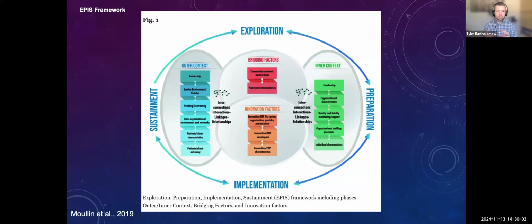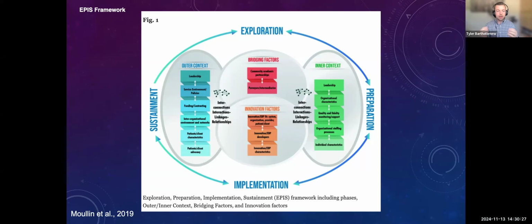And then you have these 2 things that kind of sit in the middle and these kind of connections, which it's nice to see, when we think of a determinative framework like CFIR, kind of sits in that socio-ecological model and doesn't really explain or help us explain how these contexts are interacting with each other. And so we have something called bridging factors, which are factors that bridge the outer context and the inner context.